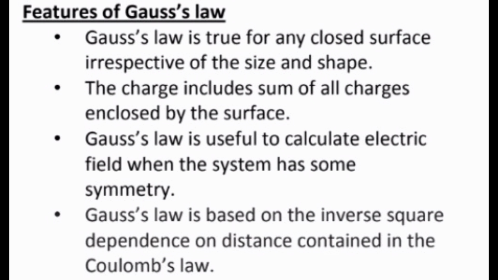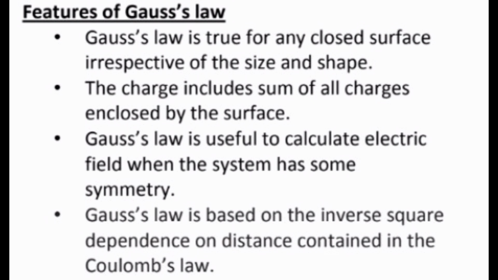The next one is that Gauss's law is useful to calculate electric field when the system has some symmetry. So we can calculate the electric field by using Gauss's law, but it should have some symmetry. Another point is that Gauss's law is based on the inverse square dependence on distance contained in Coulomb's law.